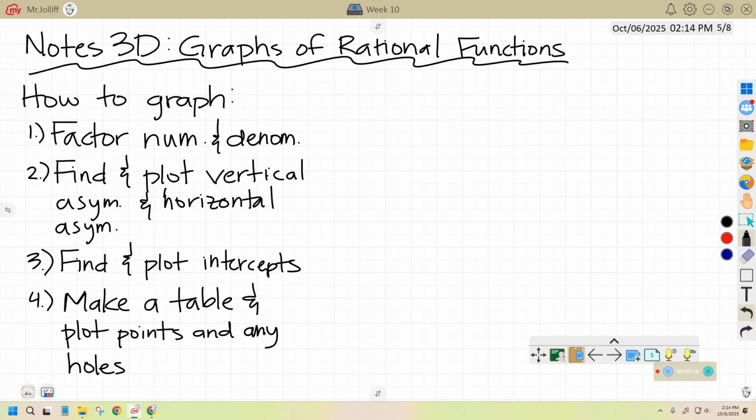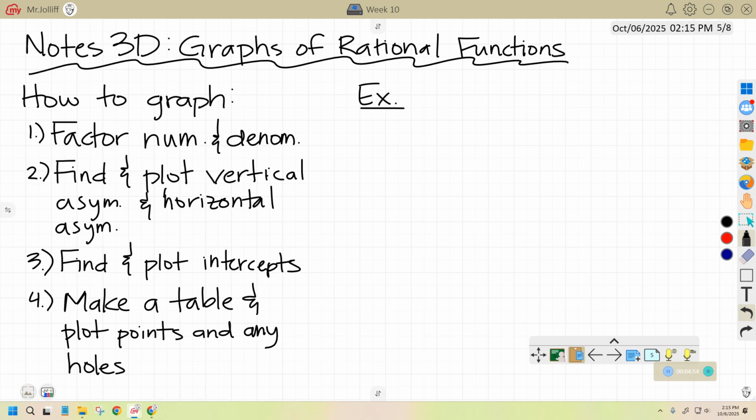I'm going to plug those x values into the equation to find the y values that go with them. I'm going to plot those points on my graph to help me flesh out what the shape looks like. We're going to do 2 examples so we can see how this process works. Yeah? I see some nodding. Good. We're going to start with the example from quiz 6, now that you've seen it.